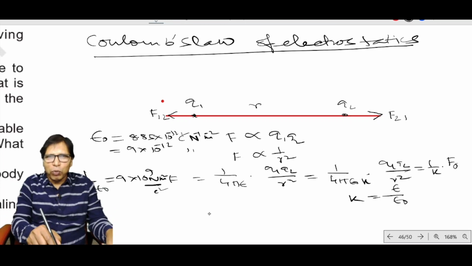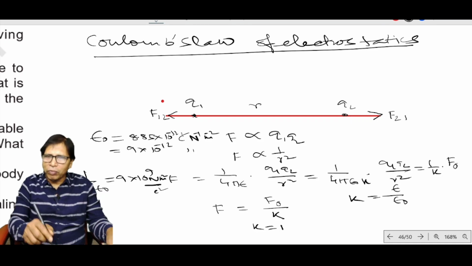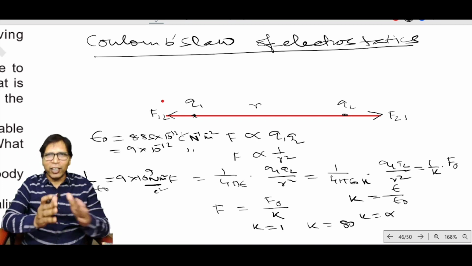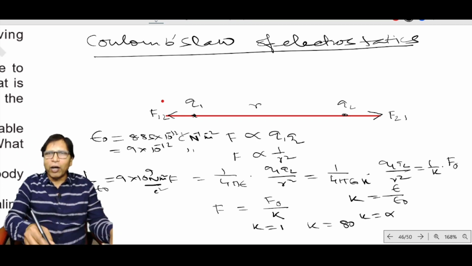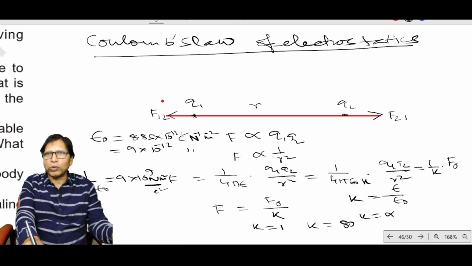So the force of interaction in a medium equals the force of interaction between the same two charges in air divided by K. K for air is 1, K for free space is also 1, K for water is 80, and K for metal is infinity. Understood?